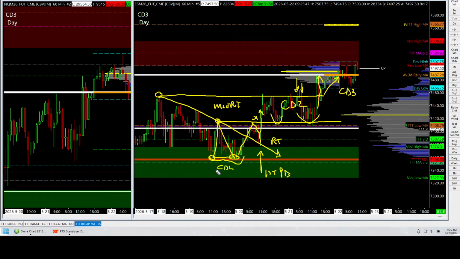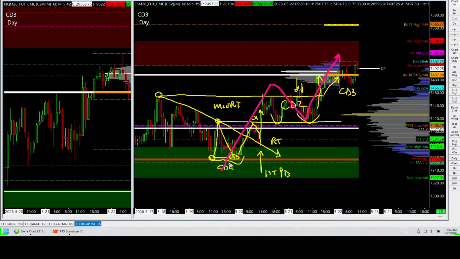So then what happens is you have the entire cycle where you get your rally off the low, a pullback, and then a continuation of the cycle rally.